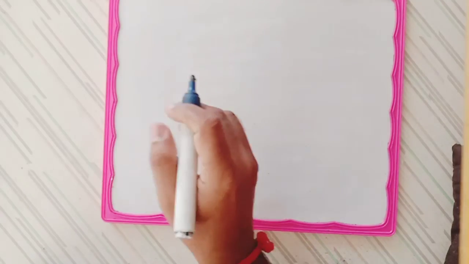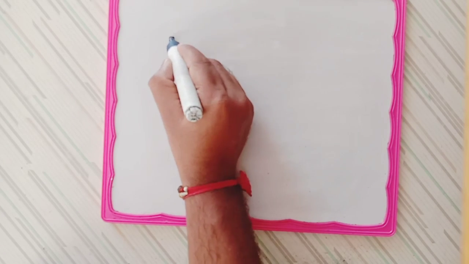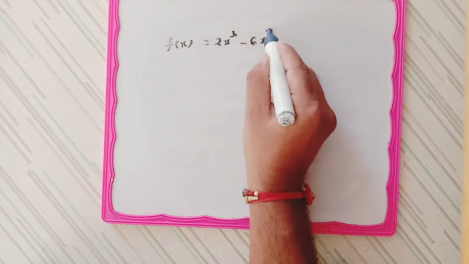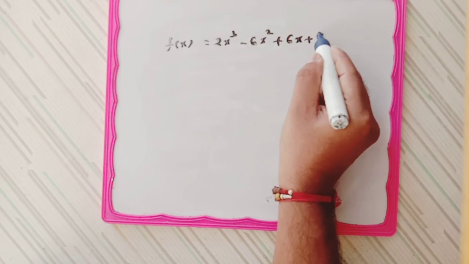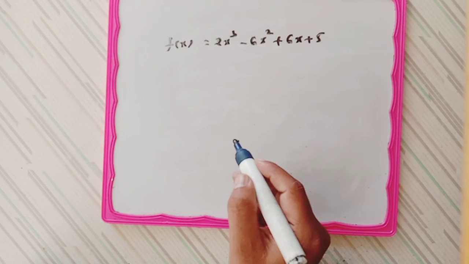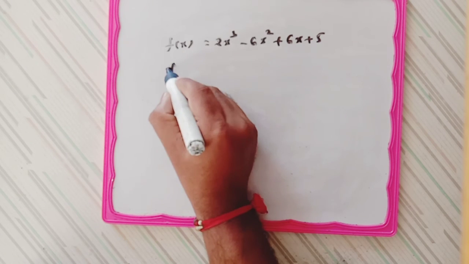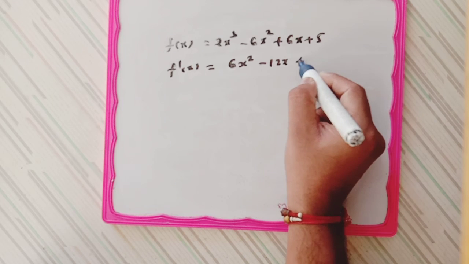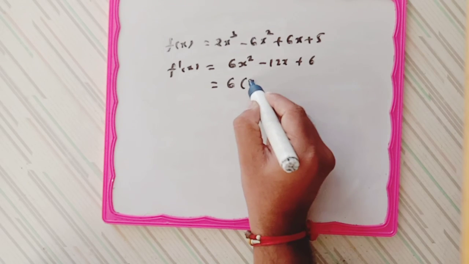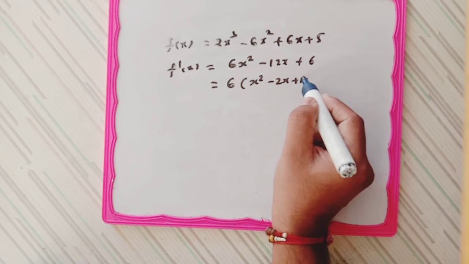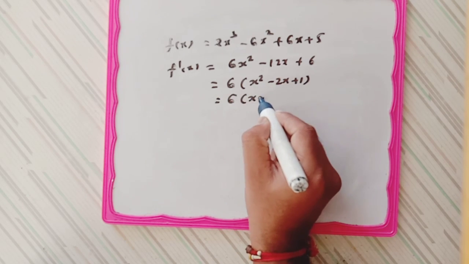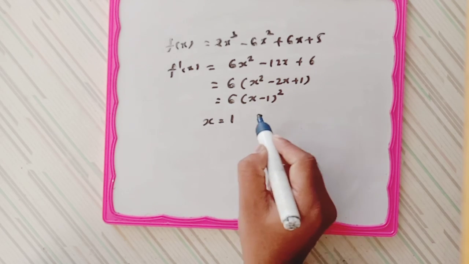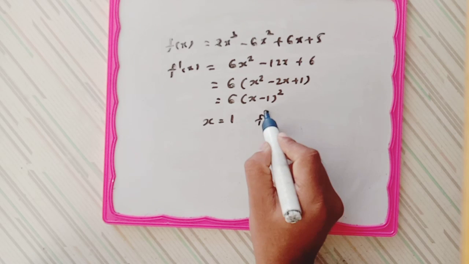Now we have example 30: f(x) equals 2x cube minus 6x square plus 6x plus 5, find whether it has local maximum or local minimum. And so we take f dash x, that is 6x square minus 12x plus 6. So we take 6 common, then x square minus 2x plus 1. And so it is 6 into (x minus 1) square. And so we have the extreme point x equals 1, where f dash x equals 0.